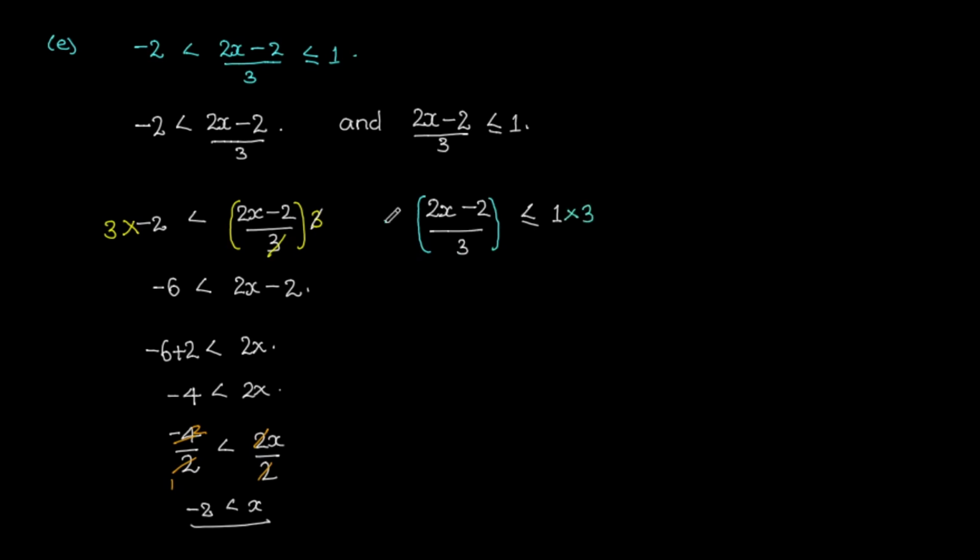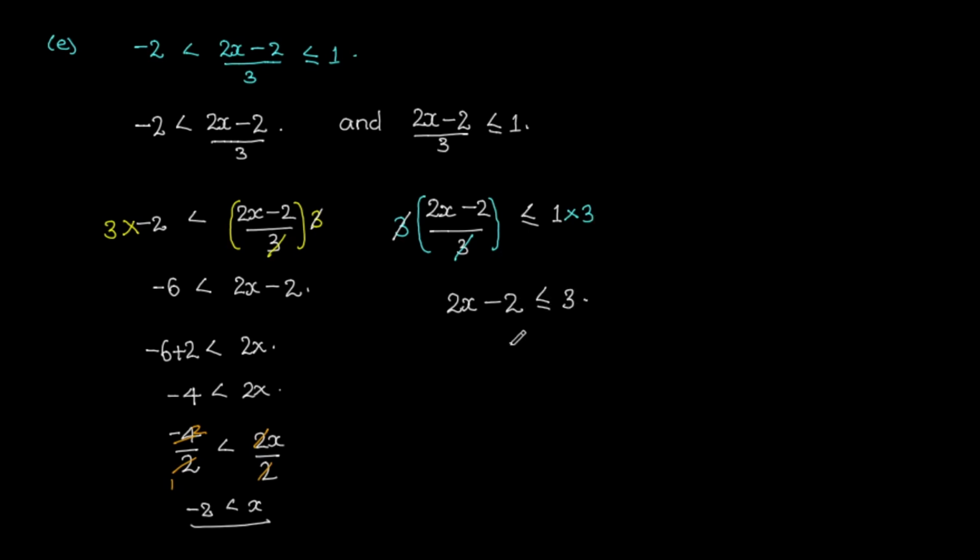So we have here 3 and here 3. And the 3 will go with the 3 here. So when you cross that, we shall have from the left hand side of this inequality 2x minus 2. This will be less than or equals to 3.